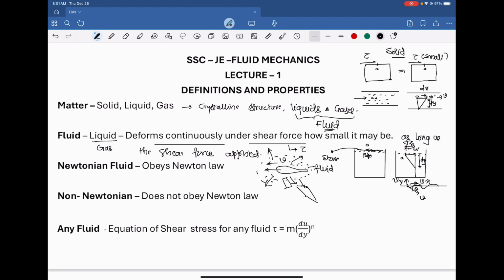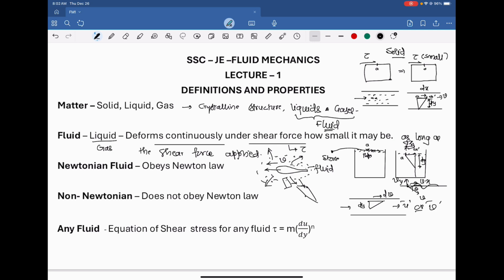The velocity gradient, this is for a distance of dy, let us say. Instead of x, we will say it as dv. The velocity gradient, velocity is, let us say, u or v.